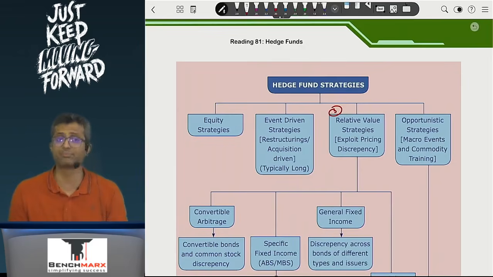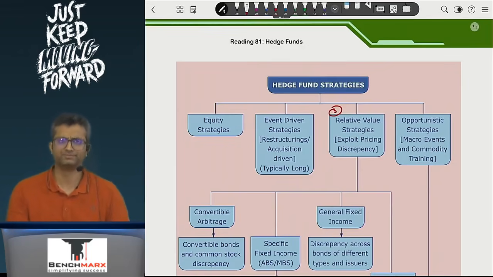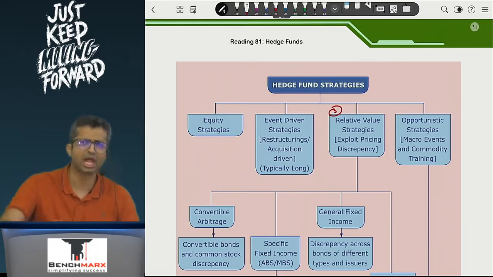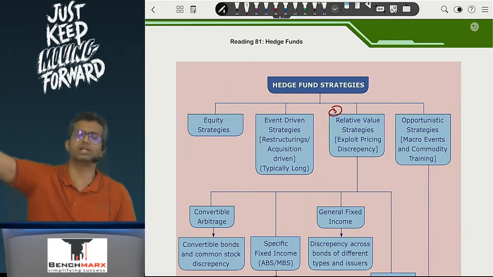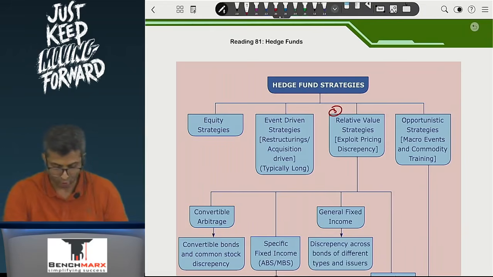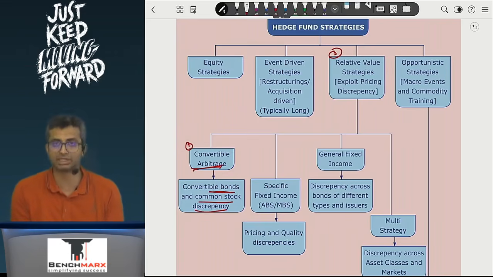For example, you can buy an equity share and go short the convertible debenture if the convertible debenture is significantly overpriced, or vice versa. So over here there can be a convertible arbitrage, where you are looking at the convertible bonds and the common stock discrepancy. Like the common stock is available at 100 and a convertible debenture is, for example, priced at 80, and this convertible debenture will convert into, let's say, 10 shares.